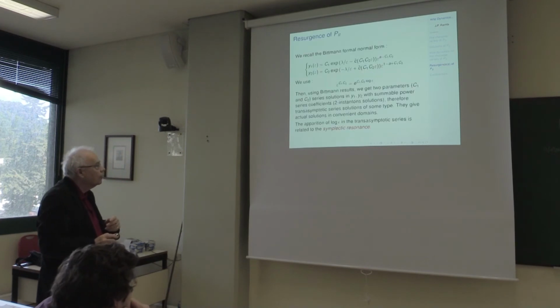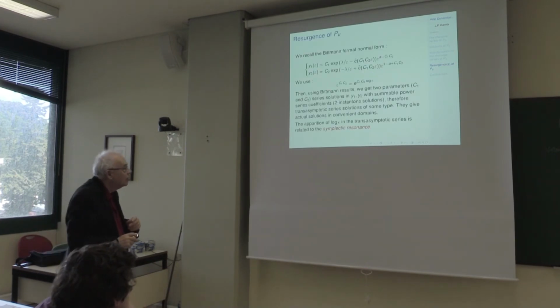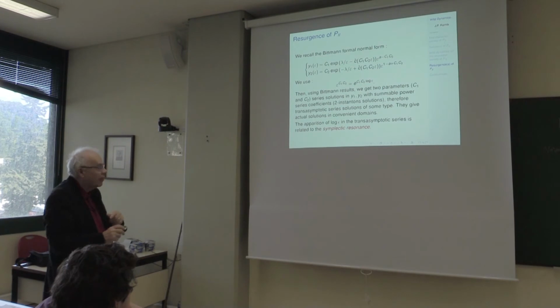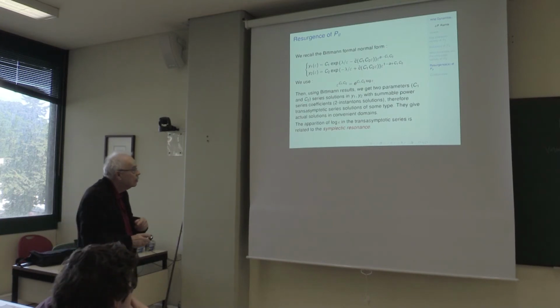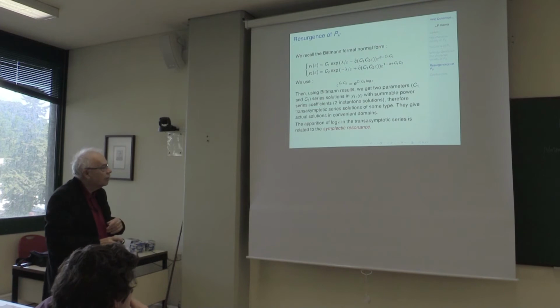Some words about the resurgence. You start from the Bittman normal form, and then you write this term like that, and then you have a log. And then using Bittman results, you get a formal power series solution in Y1, Y2 with summable power series coefficients to instantaneous solutions.